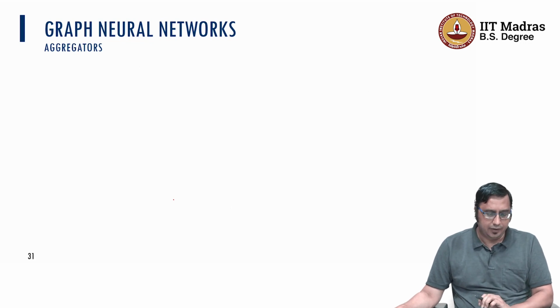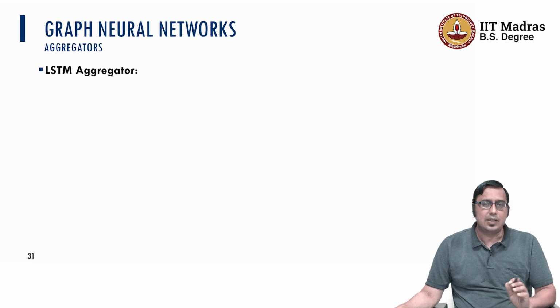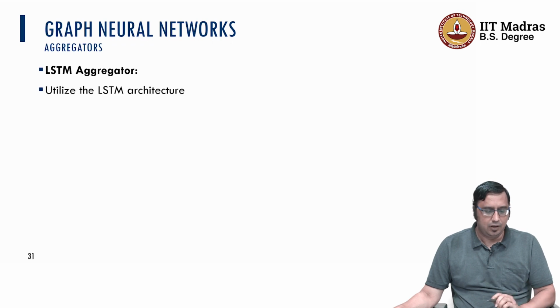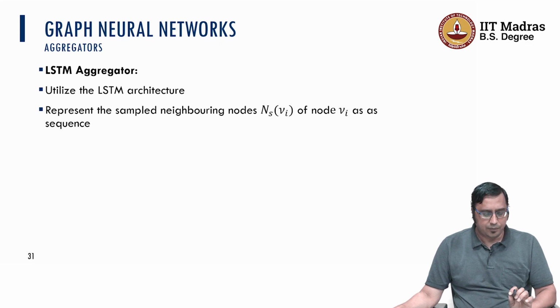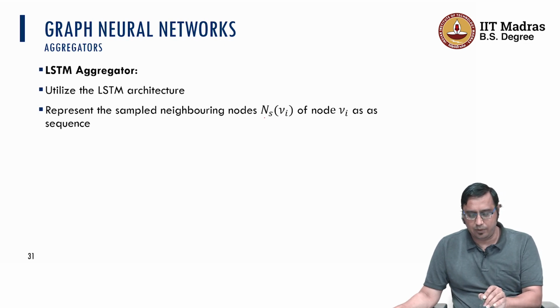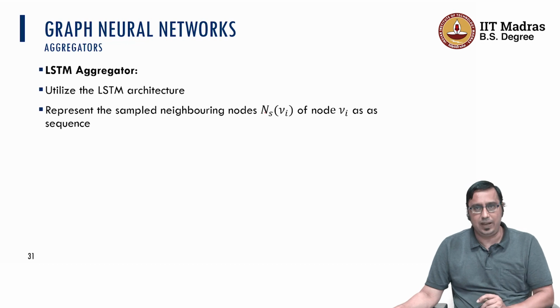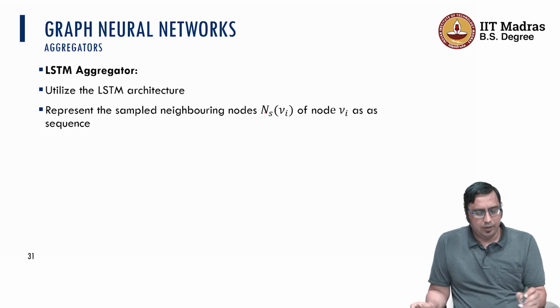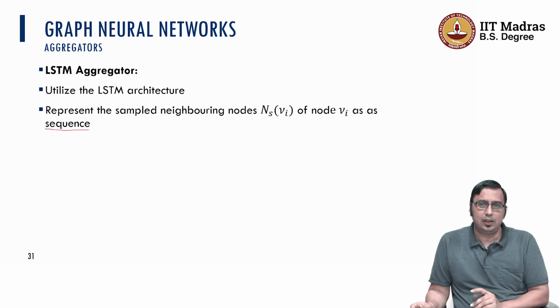The other aggregator people have used is the LSTM aggregator. Here LSTM is used as a function approximator for the aggregator. We utilize the long short-term memory architecture and we represent the sampled neighbor nodes of vi as N_s(vi), and most importantly we represent it as a sequence.